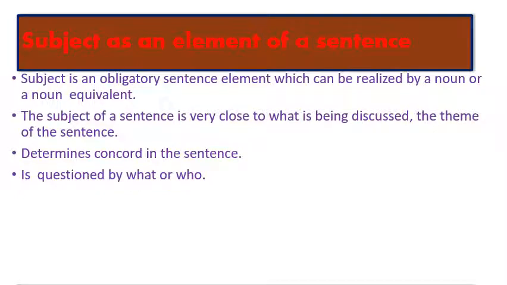They are the noun equivalent. And of course, we know that a noun is a name of a person, an animal, a place, or a thing. Now, the subject of a sentence is defined as that part of the sentence that is being discussed or described. Usually, it is the theme or the focus of the sentence.